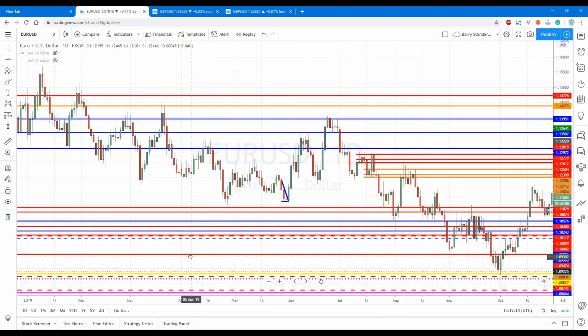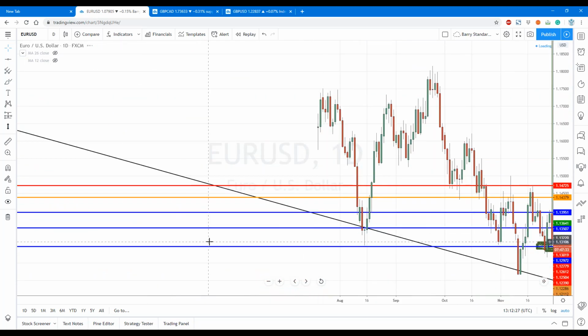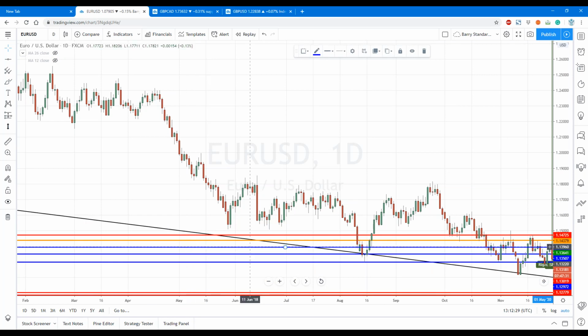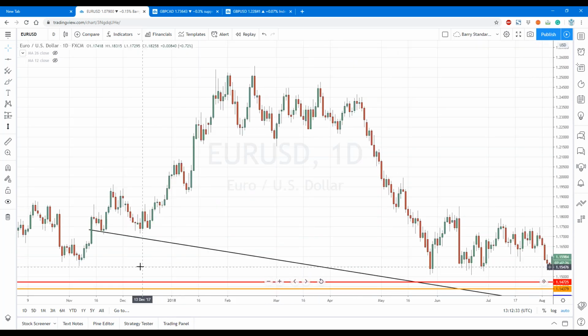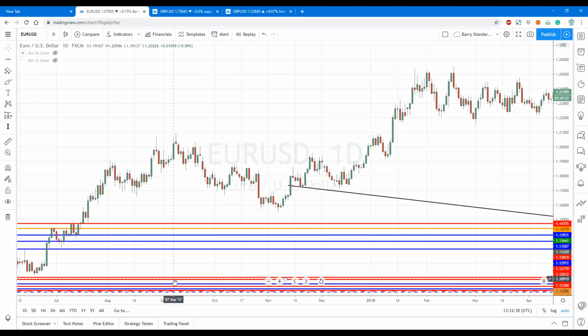So we need to go back pretty far. So here, this is it, October 1st, 2019. We can see this bottom price was strategically important, but we need to get still lower. But the euro hasn't been trading down that low, so we have to keep going back and going back to find when the euro was trading in this range. And that's when these lines were drawn on the charts, way back when.